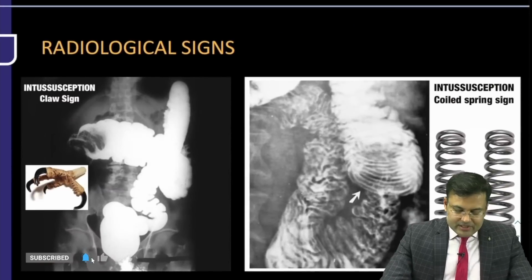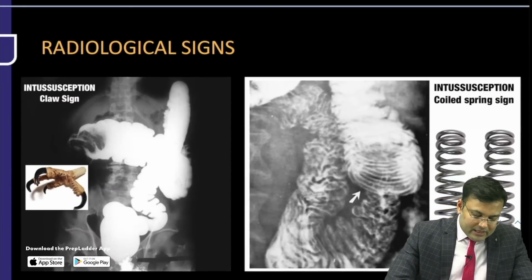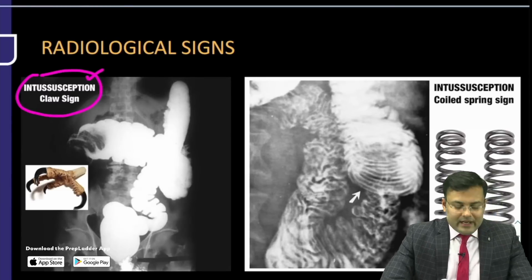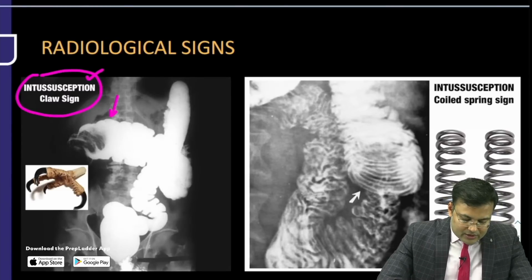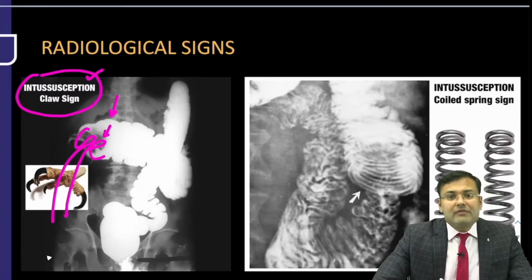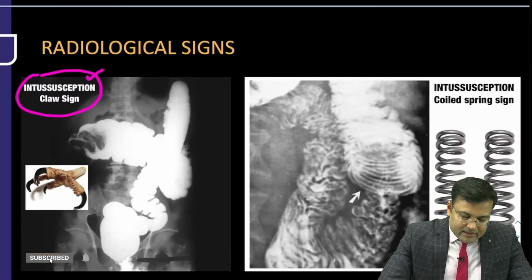This image based question is asked almost every year. First, see, this is intussusception. Clear? Can you see? This is known as claw sign. Why claw sign? This is the intussusception, so this part of bowel is not visible, and this part looks like a claw.